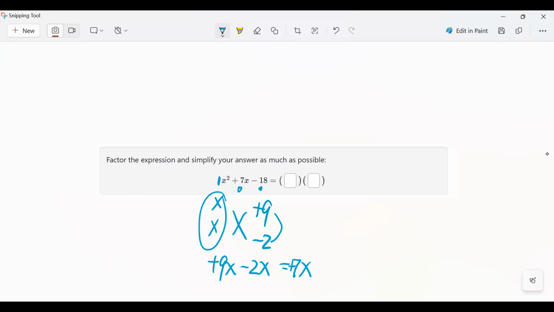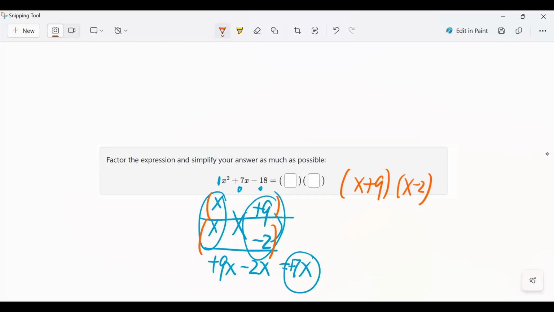I will check 3 terms, right? First term, last term, and middle term. Now, let's put into the parentheses from there. So x plus 9 in parentheses, x minus 2 in parentheses. So 2 factors: x plus 9 and x minus 2. Any question about this?